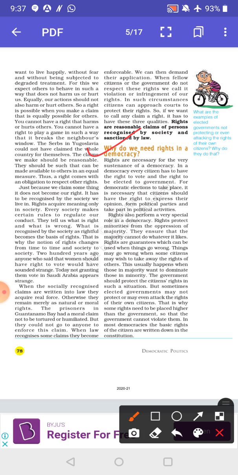Rights have a very special role in a democracy. They protect minority groups from the oppression they could face from the majority group. They ensure that the majority group cannot do anything it likes. Rights are a sort of guarantee for when things go wrong, and things can go wrong when citizens try to take away the rights of other people.